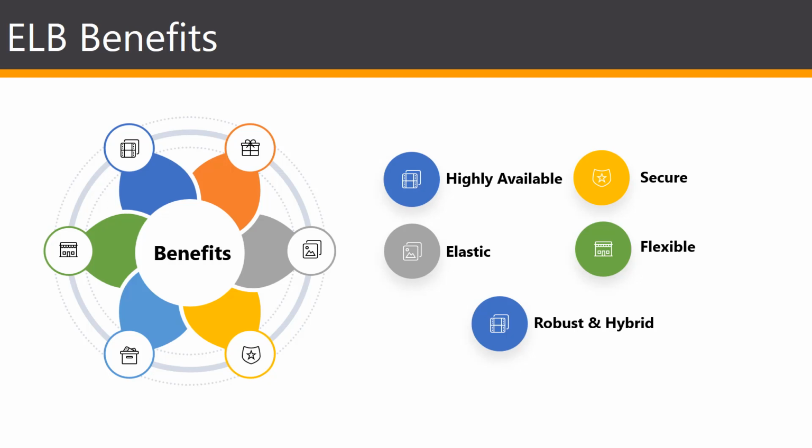It's also extremely secure because it works with the virtual private cloud to provide robust security features, including integrated certificate management, user authentication, and even SSL or TLS decryption. Some of the other features it has: it's elastic, flexible, and again, like with most Amazon Web Services features, it has robust monitoring and auditing that you can do through either CloudWatch or CloudTrail.